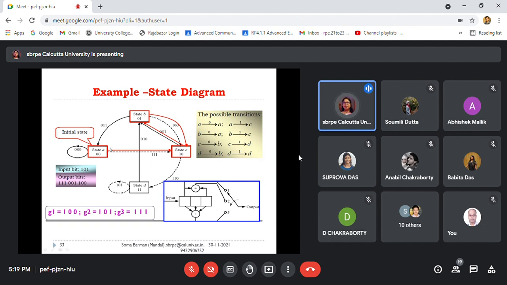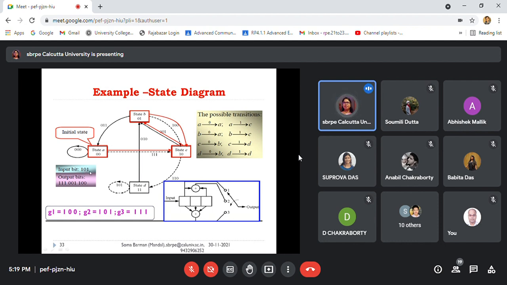And if you draw the state diagram, you can easily encode any string of your information. Here, the input is 1 0 1.